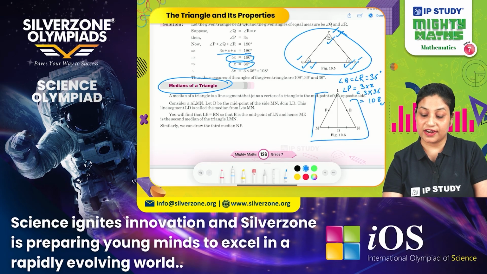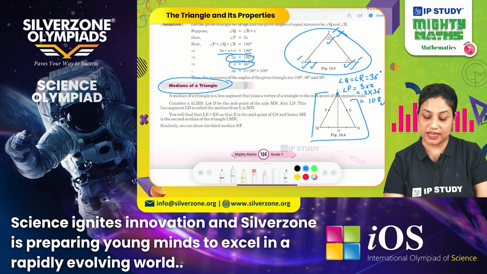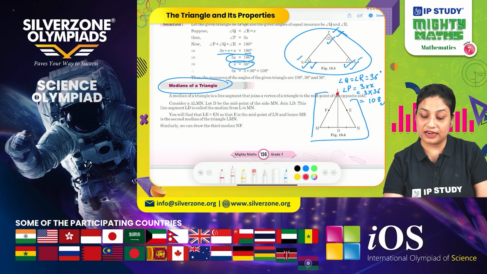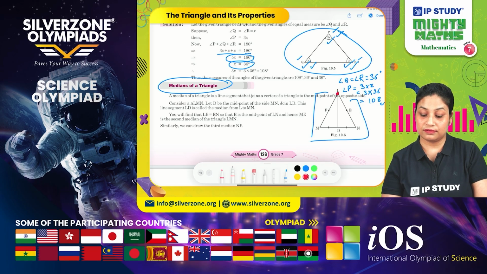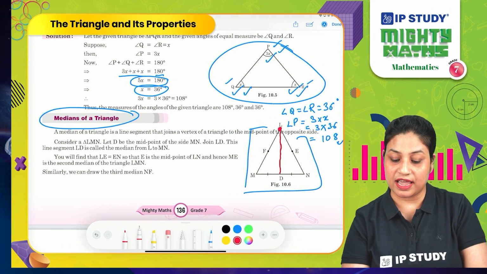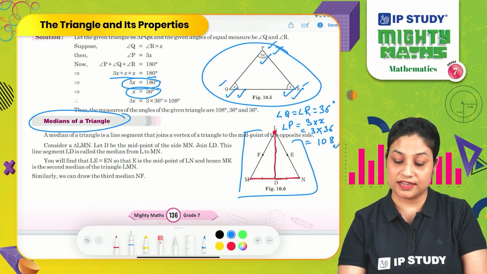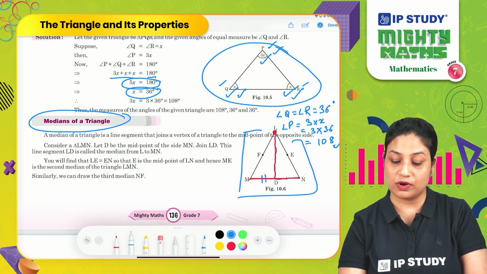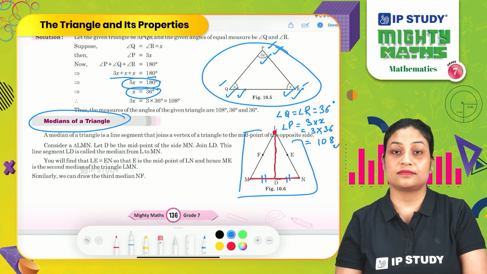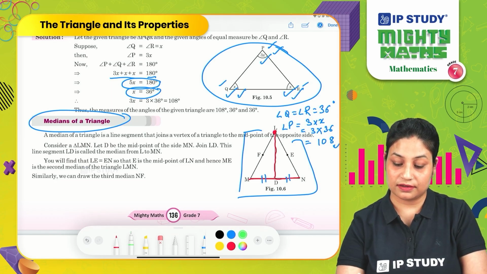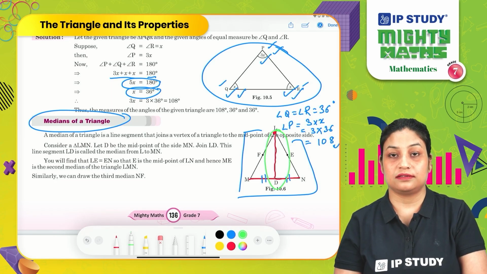Suppose I draw a line from this vertex, let me take another color. Suppose I am drawing a line from this point L and it is falling on the side of the triangle MN, right? In such a way that it is dividing this line into two equal parts. When it happens, we call this line a median.